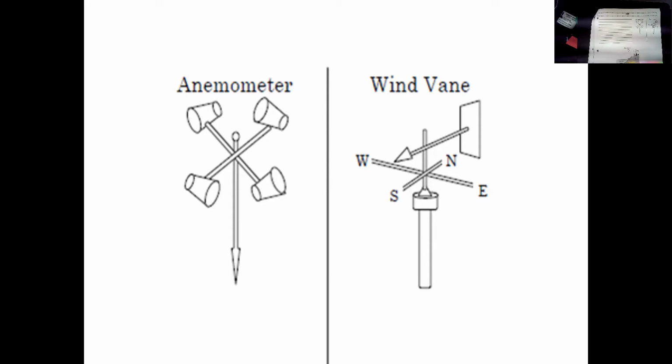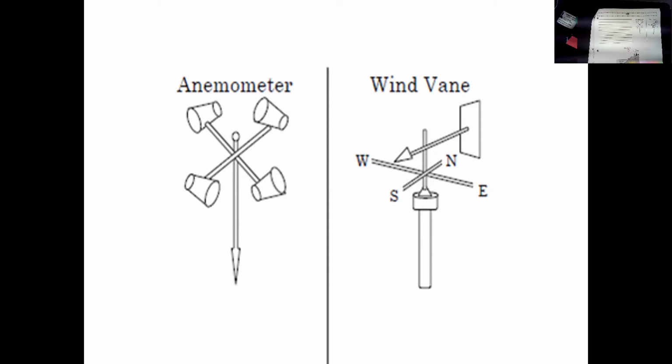You have probably seen a wind vane in your life a time or two. Sometimes they look like this, with little arrows on them. A lot of them have roosters on them. My in-laws have one that has a pig on it. In the end, it has the arrows on it to show you which way the wind's blowing.